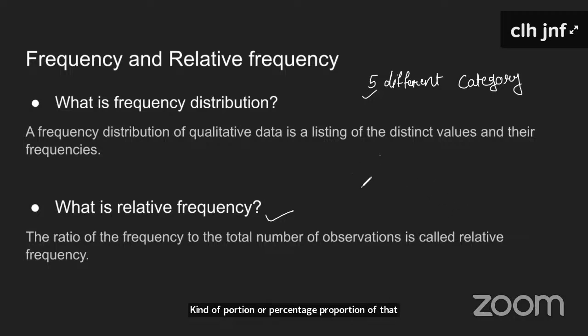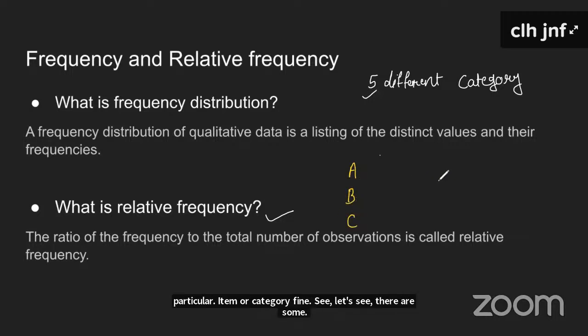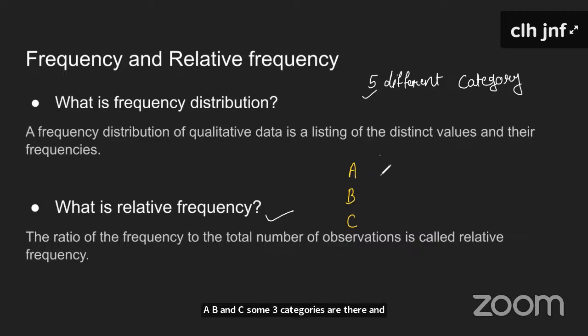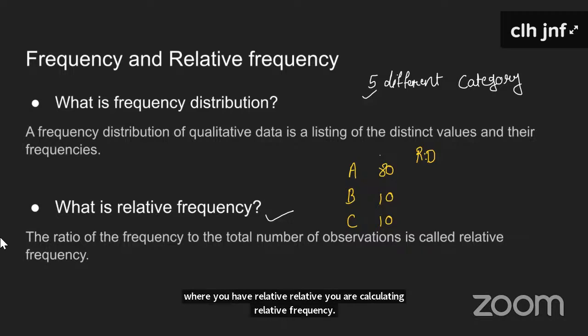Let's say there are 3 categories, A, B, and C, and for A there were 80 occurrences, for B it was 10, and for C also 10. This is your frequency distribution. When you add one more column for relative frequency, can anyone answer what the relative frequency should be?